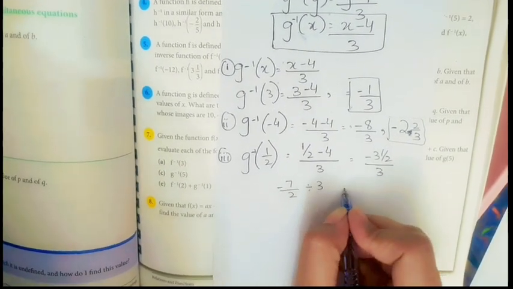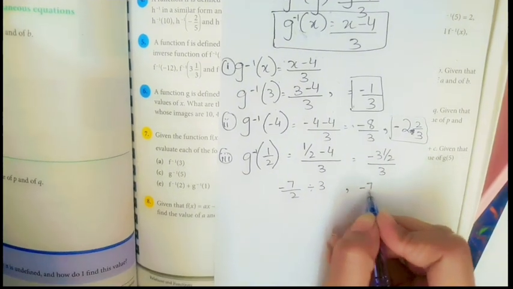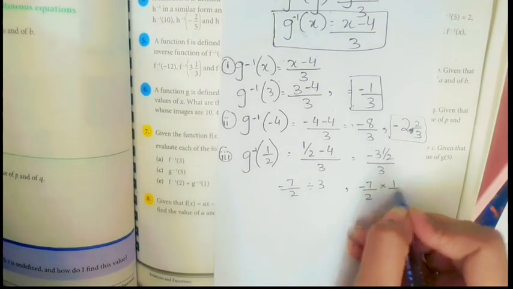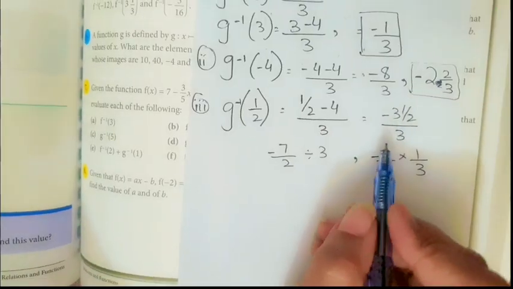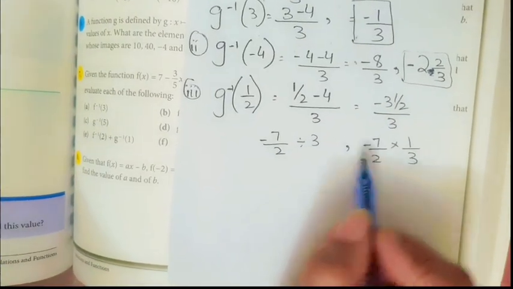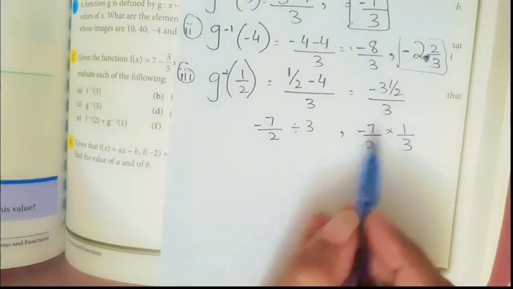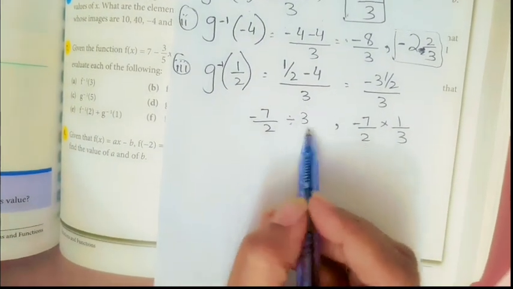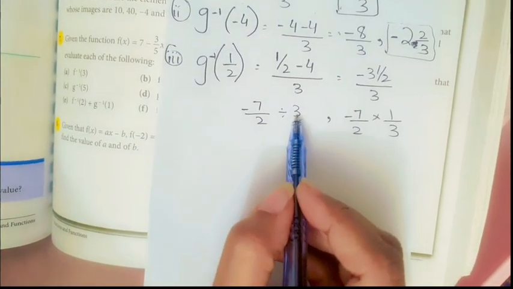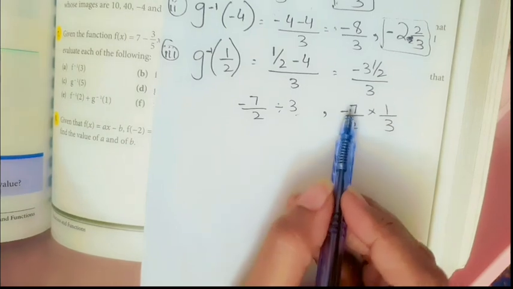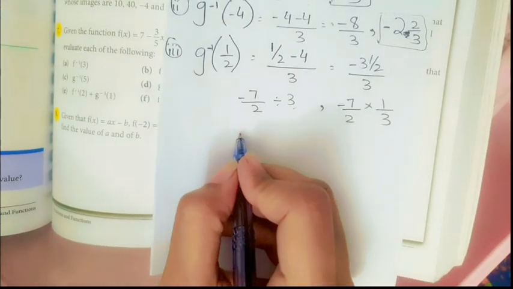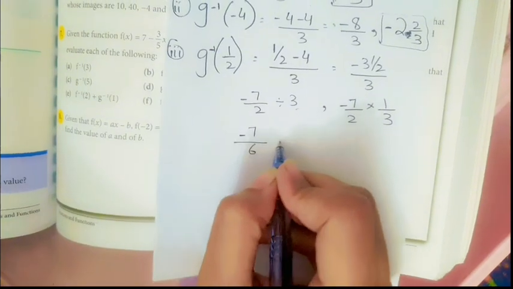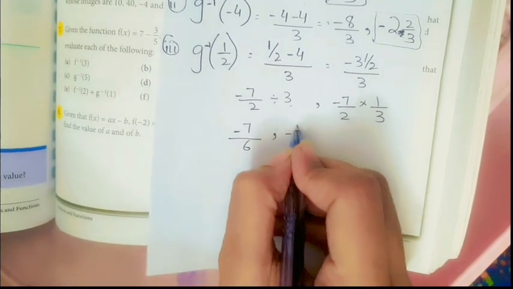How can we solve it? We can do minus 7/2 multiplied by 1/3, because I am changing divide into multiply, so the number becomes its reciprocal. In place of 3 I am writing 1/3. Now multiply these both numbers and these both, and we get minus 7/6, or we can write minus 1 whole 1/6.